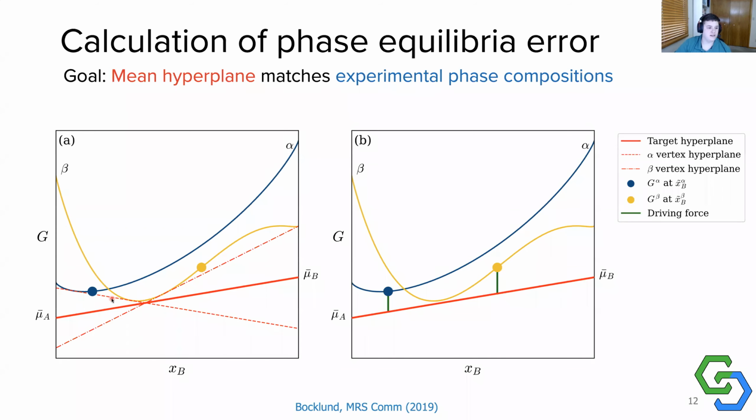And so what's in these plots is two hypothetical phases, a beta in yellow and alpha in blue. And this is at some fixed temperature and pressure. And so the provided data is that you know the phase composition of alpha and the phase composition of beta.